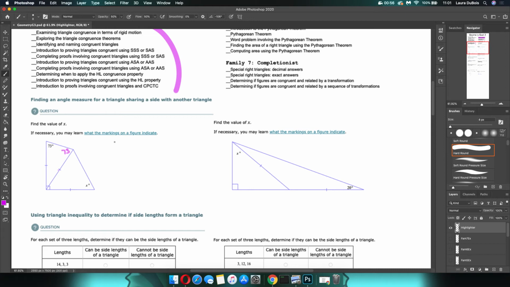Yeah, 180. So 73 plus 73 plus something equals 180. So 146 plus something equals 180, minus 146, minus 146. This angle right here is going to be 34.